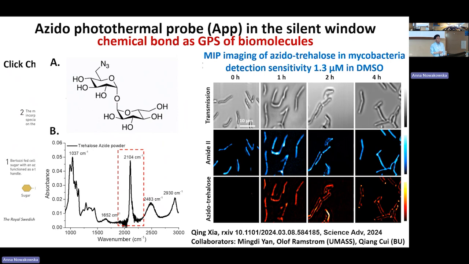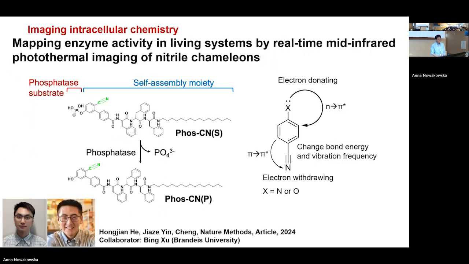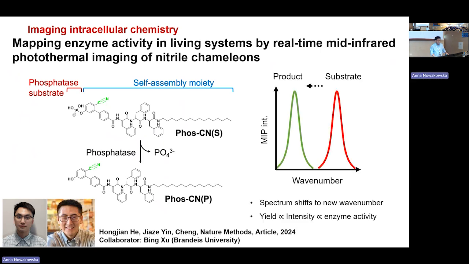We can also directly image the biochemistry in the cells. So we have made a probe, we conjugate a nitrile group to a phosphate on this peptide. So this peptide is the substrate of phosphatase. The phosphatase removes a phosphate, and this is a very important chemistry inside cells. So when the phosphate is removed, because of local charge transfer, the peak will shift.